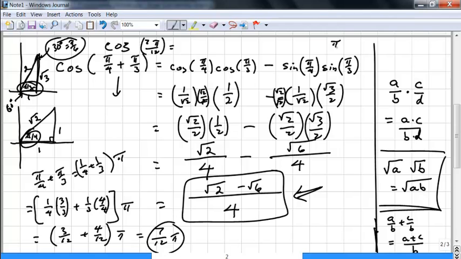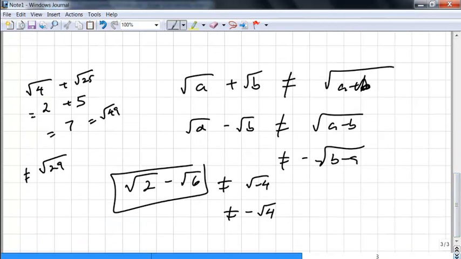So those angles are special angles that we know how to find the exact trig values of. And so by decomposing 7 pi over 12 into pi over 4 and pi over 3, we're able to make this work. So let's do another one here.